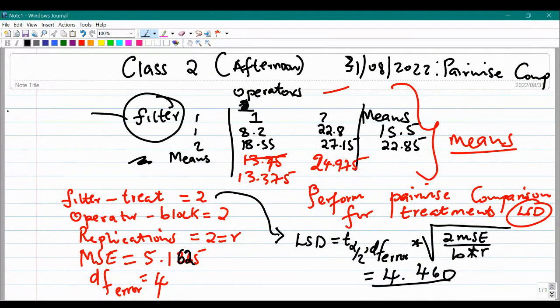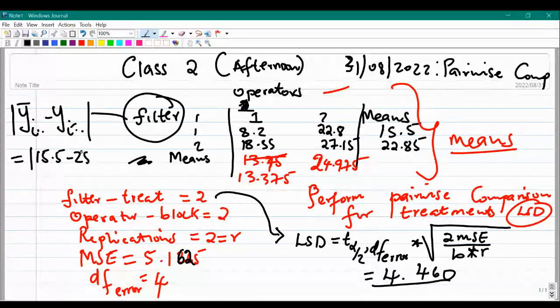Remember, I'm focusing on the filter now: mean I dot dot bar minus mean I prime dot dot bar. That is 15.5 minus 22.85, which is 7.35. So there's a difference between mean 1 and mean 2, right? From the ANOVA table, yes.